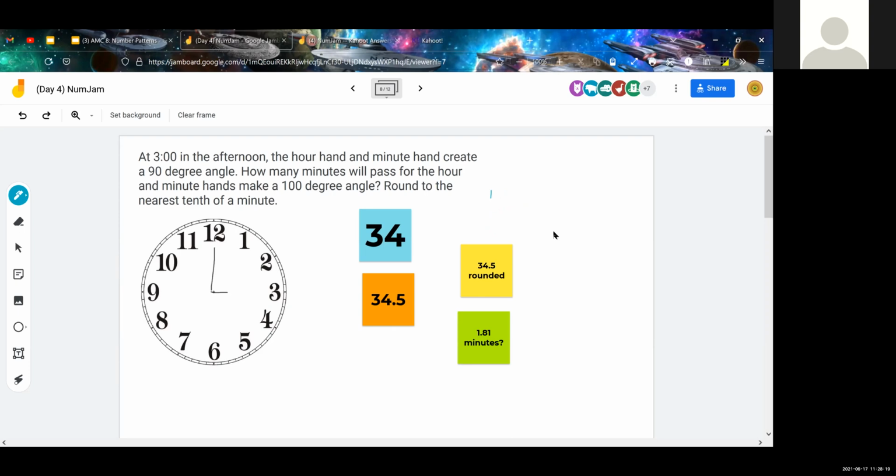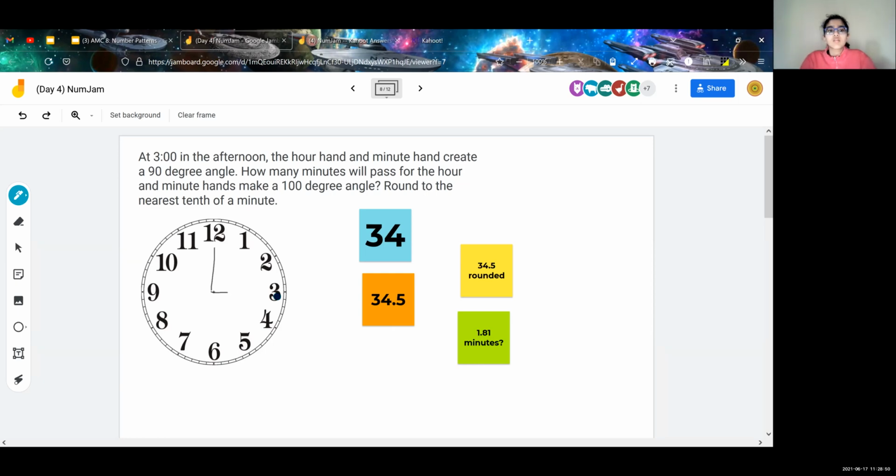The hour and minute hand are currently at 90 degrees. However, the minute hand is before the hour hand, so it's going to constantly reduce until they overlap. So we have to figure out how many minutes it will take for the hands to overlap, and then from there how many minutes it will take for it to become a 100-degree angle.